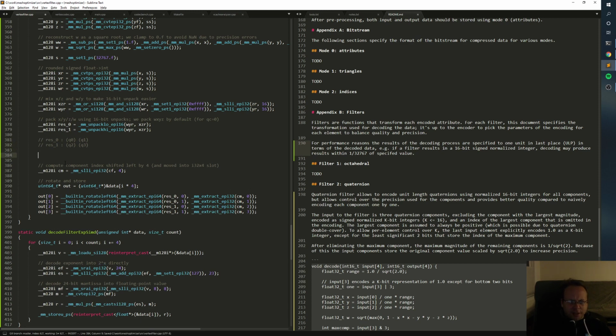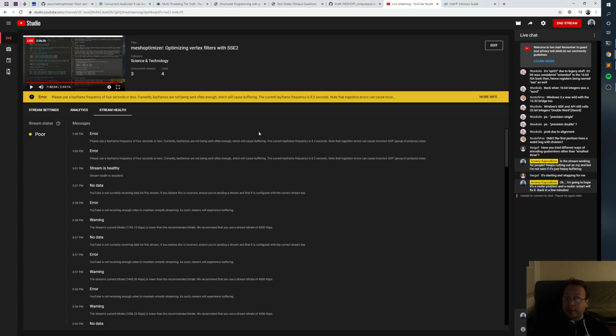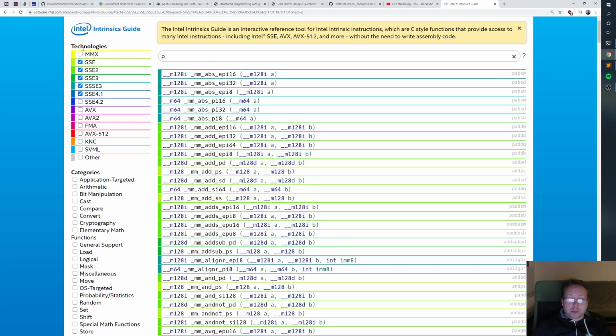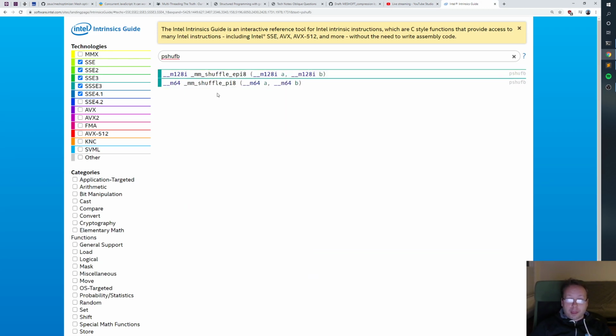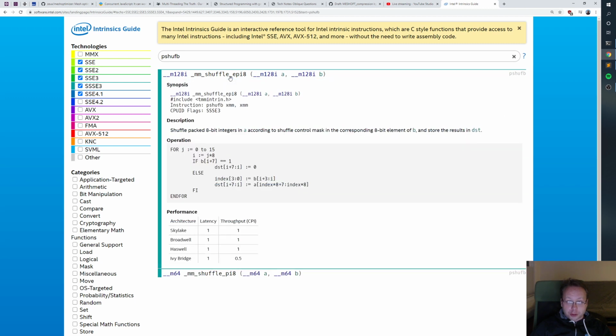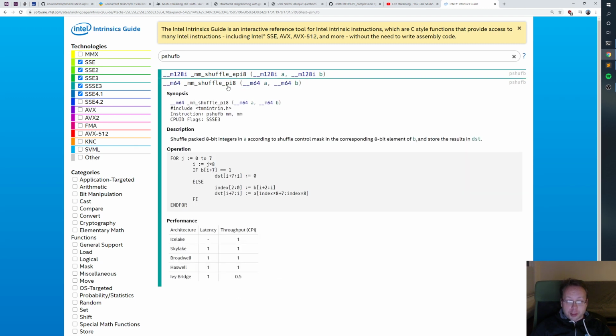Shuffles are an SSE2 feature, so I didn't really want to use them here, but I'm curious whether it's actually even faster, I should say. So there's this instruction, I guess 2 of them. I guess I really need this one.